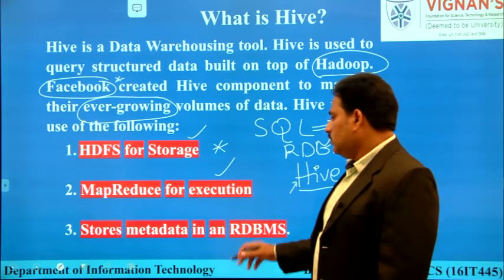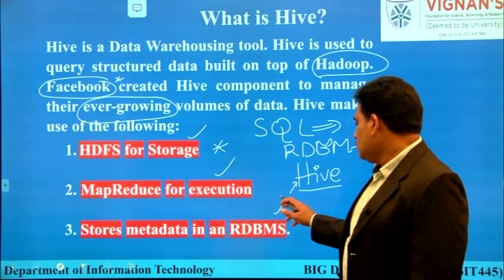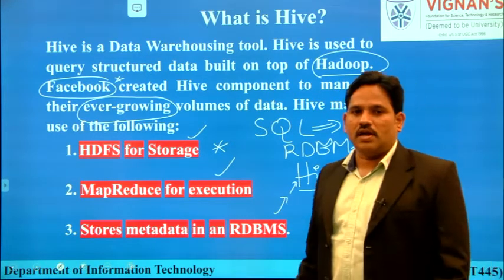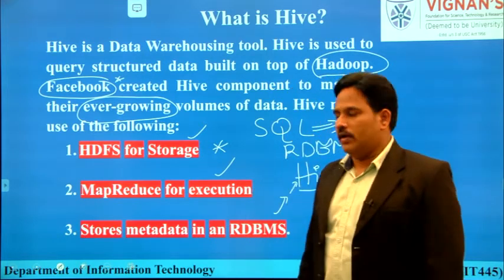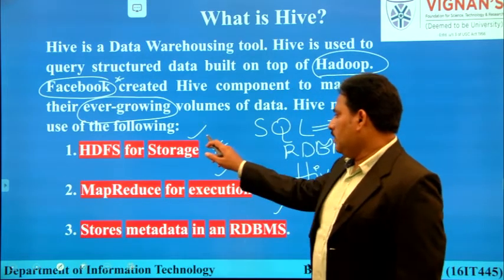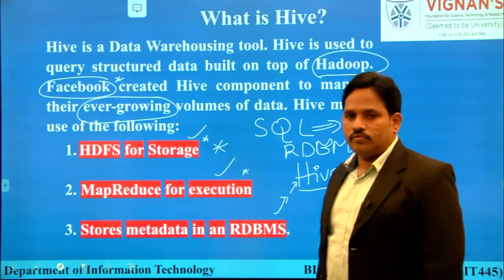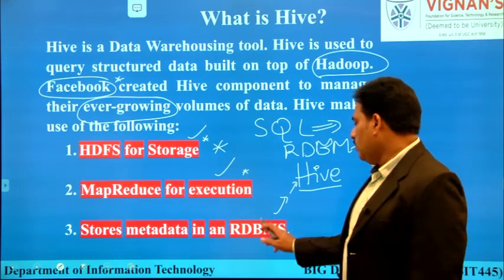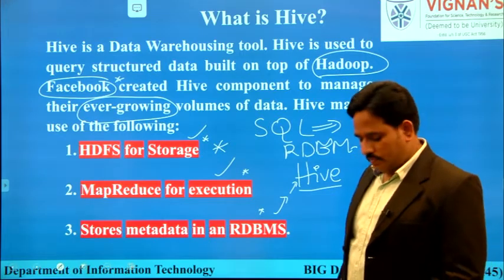And third, we can store metadata like in an RDBMS. That means Hive is a storage environment and a programming environment. Here it is used as a storage environment. In MapReduce, Hive can be used as a programming environment, and it will also store the repository contents like metadata.